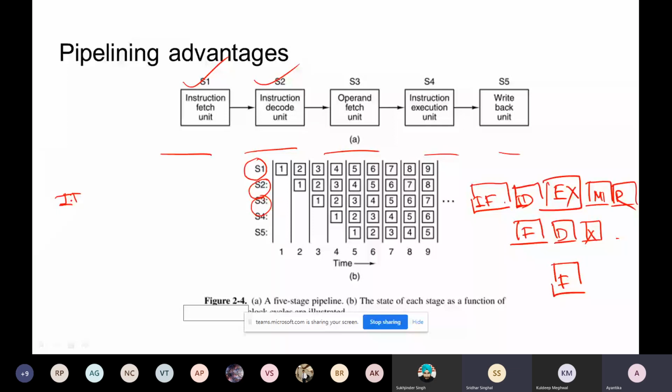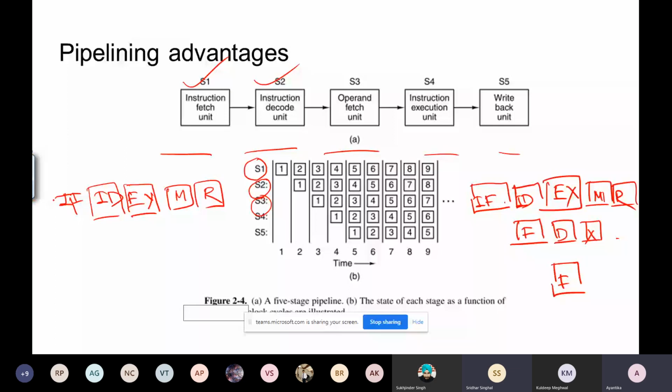Then instruction decode. Then you will do the execute, right? Then I will do the memory, right? Then I will do the register write back. These are the 5 stages. Yes, ma'am. This is for one complete task.